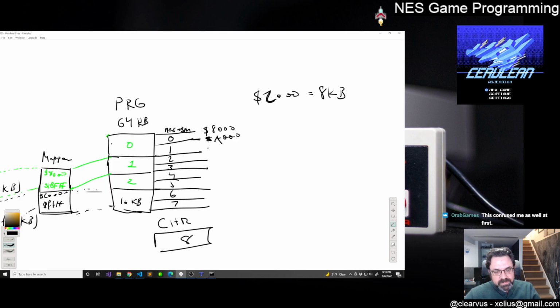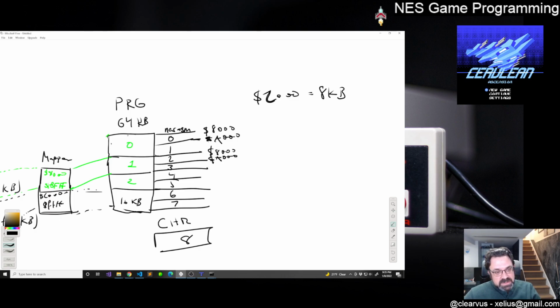A000, right? And then for the next bank here, bank number 2, that is the first bank of bank number 1 in the mapper, but it again has an address space starting at 8000, and then the second half of bank 1, which is bank 3 in NESASM, is A000, and it just keeps alternating like that, right?